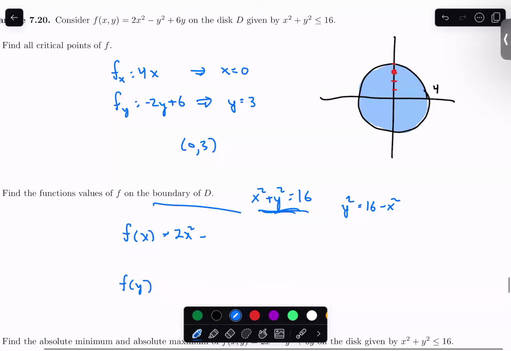So I could go ahead and do minus (16 minus x squared), swapping in the boundary equation instead of y squared to get that in terms of x's. But then as I go on, I have to do plus 6y.